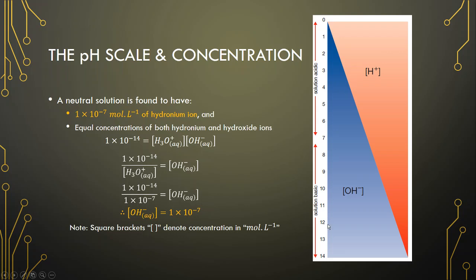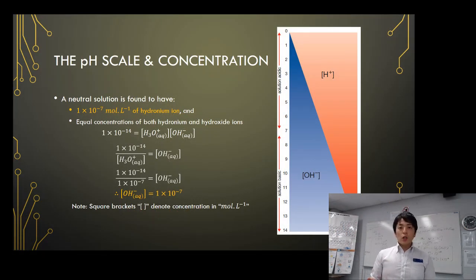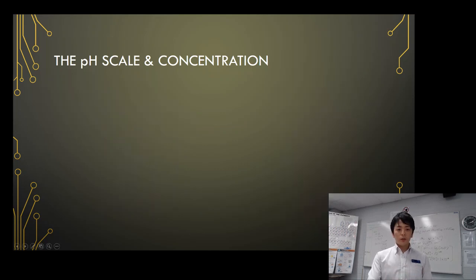In a basic solution, say ammonia, which might be a pH of 12, there is a higher concentration of OH minus compared to H plus. But what's important for you to know is that if you multiply the concentration of hydronium ion by the concentration of hydroxide ion, that would always equal 10 to the power of negative 14.